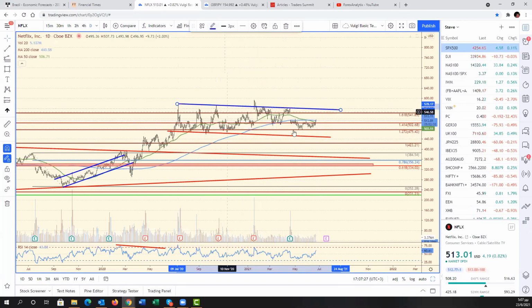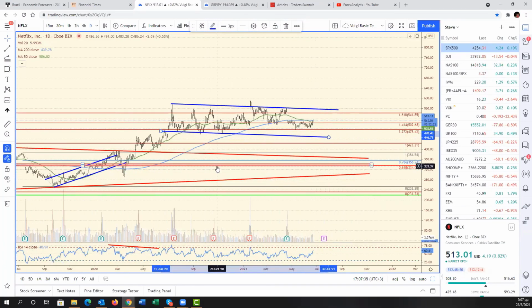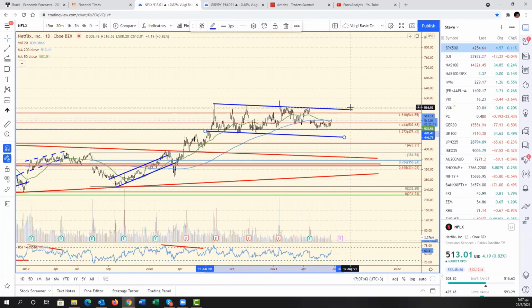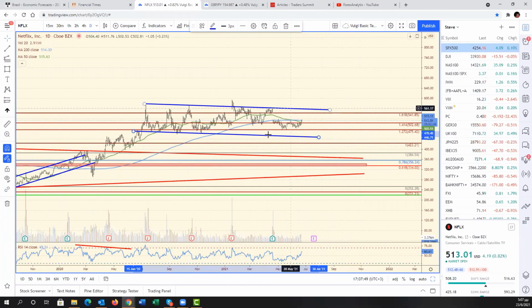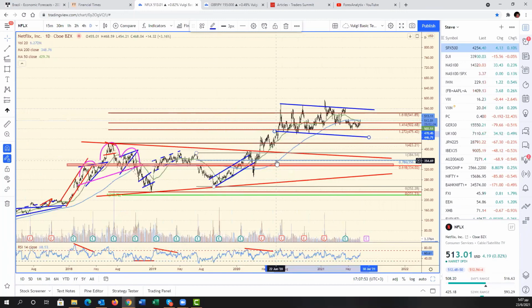Just look at this mess. But, you know, trying to define it as well as possible. Above 459, no reason to be bearish. Below 563, no reason to be bullish. We're in the middle, nothing. So really nothing to do here.